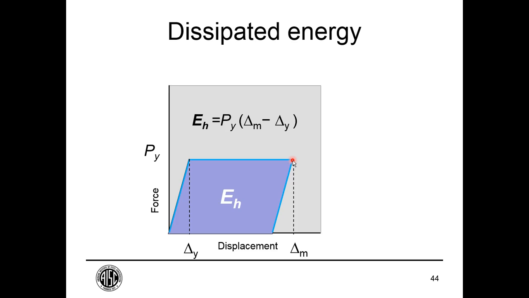So if you've had the experience of being in a testing lab when some sort of seismic testing like this has been going on, you might observe that the beams and columns do heat up a little bit as energy is dissipated through yielding.